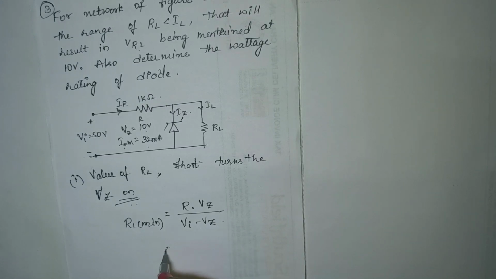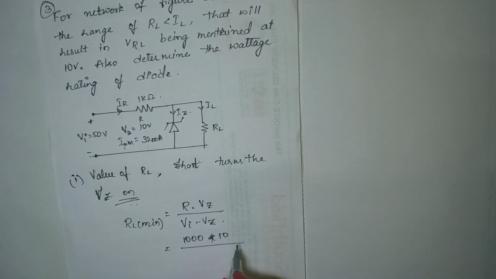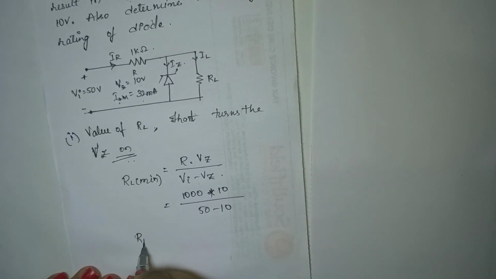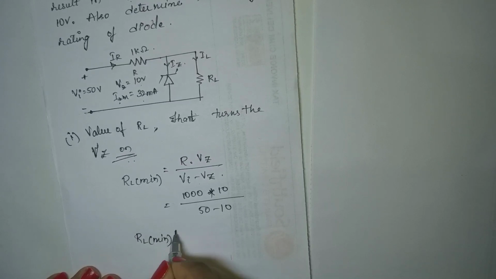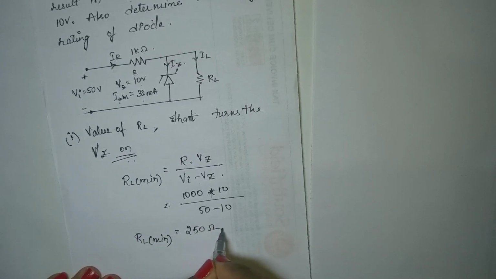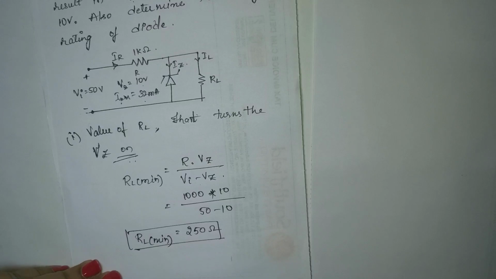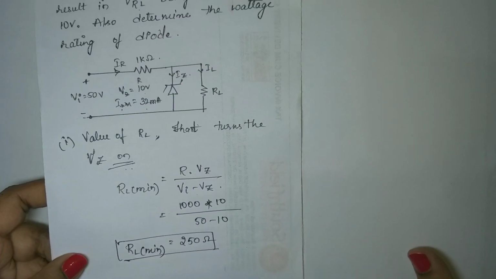What is the value of R? R is 1K, 1000, into Vz is 10 divided by 50 minus 10. So the RL minimum value is equal to 250 ohm.